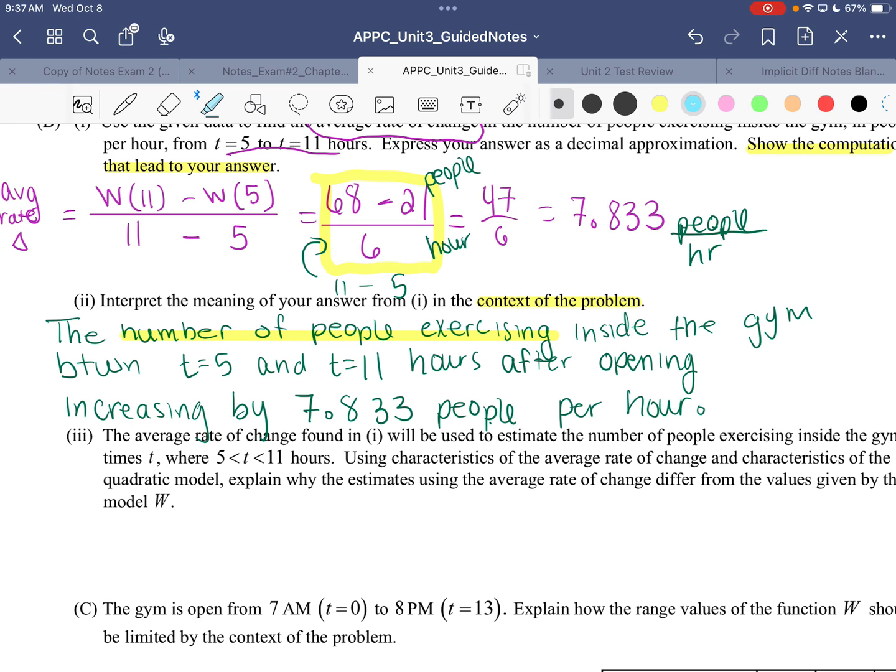So the number of people exercising, and if you do not put the time period, you do not get the points.